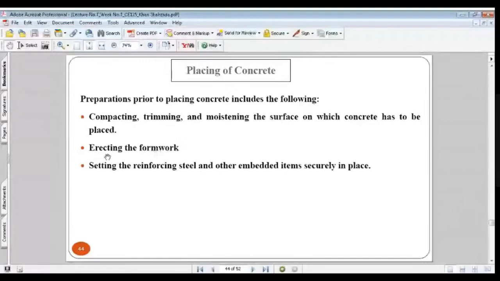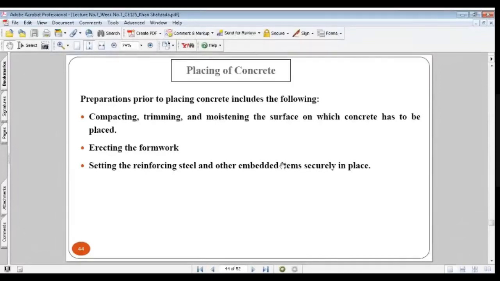Next, erecting the formwork. When you are filling concrete and making a column, beam or slab, the formwork should be erected and ready for this work. Setting the reinforcing steel and other embedded items securely in place. If you are placing this concrete in a reinforced concrete column, it will have steel bars.